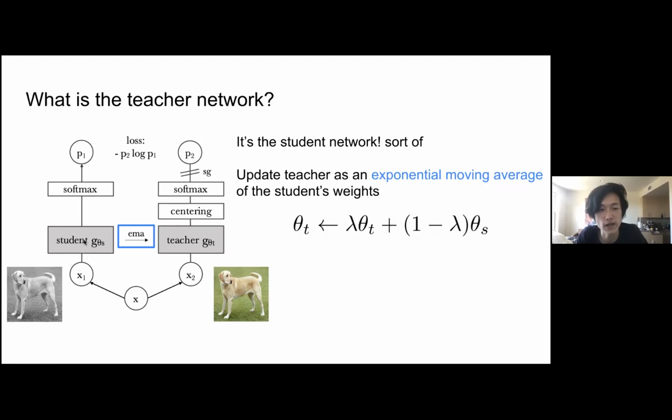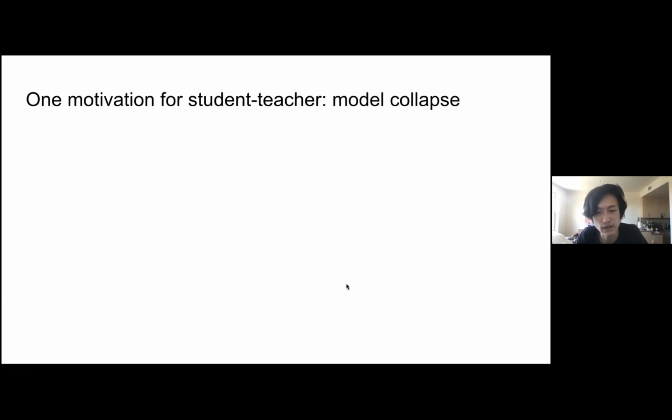Over time, as the student gets better at this matching task, by updating with gradient descent, we're also updating the teacher network by copying over some of the parameters of the student network and the teacher's current network. I'll get into why this makes sense with the motivation of model collapse.